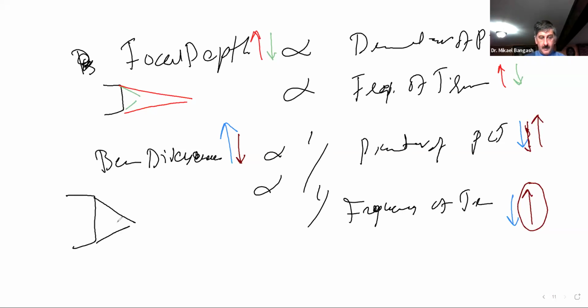Not to bother much about the near zone or focal zone, a greater divergence is if the beam goes like this, versus a lesser divergence if the beam goes like this. The lesser divergence in the far zone is ideal.